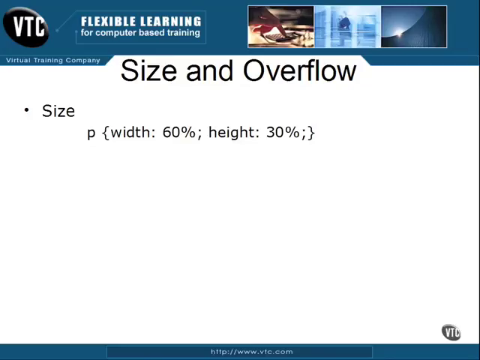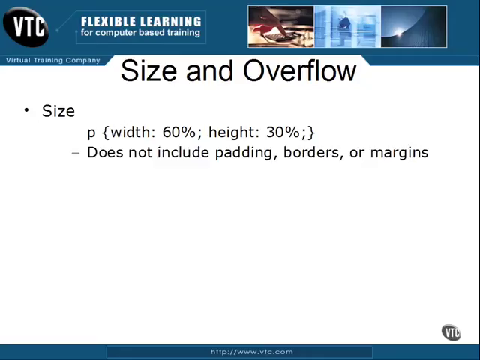In our example, our width and heights are being defined by percentages. However, we can use any of the absolute or relative measurement systems that we want. Now, when we are setting up our content size, we're just setting up the size allotted to the content.